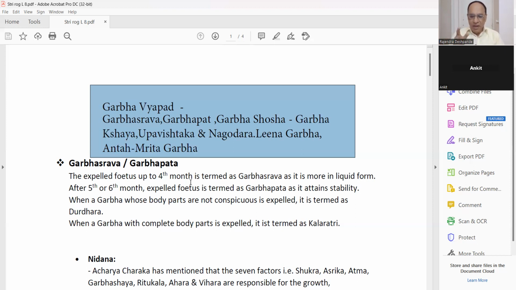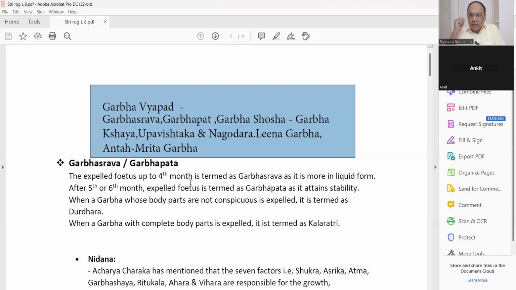Garbhasrava, Garbhapat, Upavishtaka, Nagodara, Leena Garbha and Mrita Garbha, dead. Fourth chapter, Garbhopadrava, complications during pregnancy. That is Chardi, vomiting, hyperemesis gravidarum, in the first 2-3 months. Then Garbhopadrava Shotha. Shotha is edema on the body.